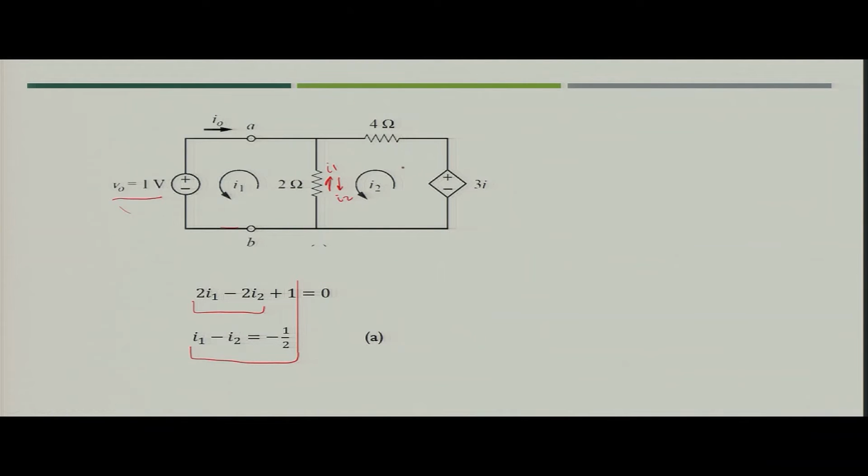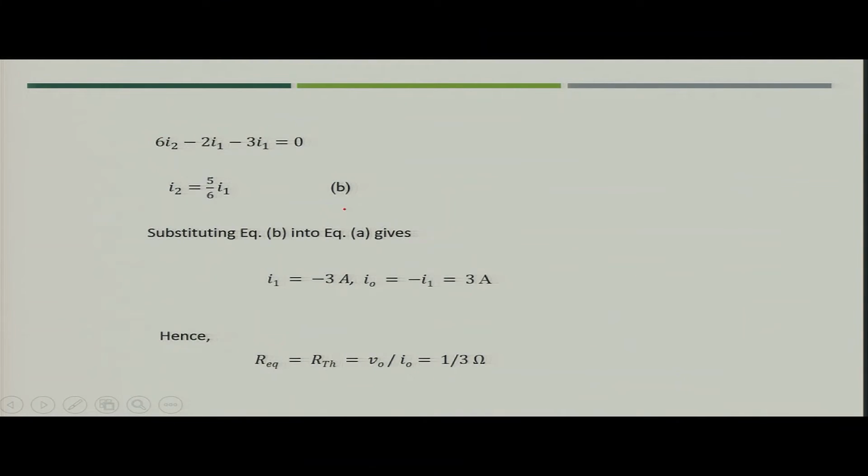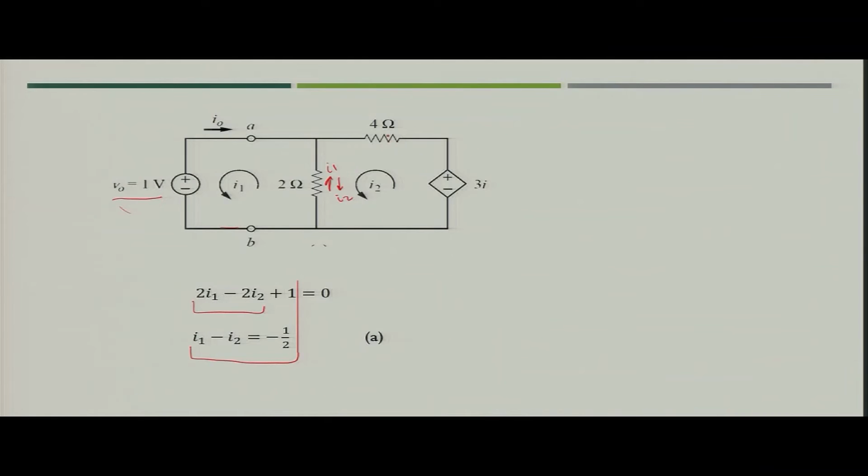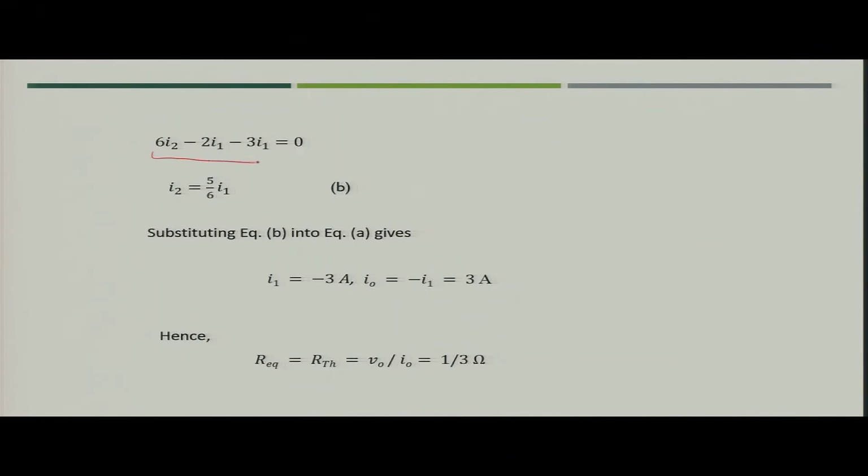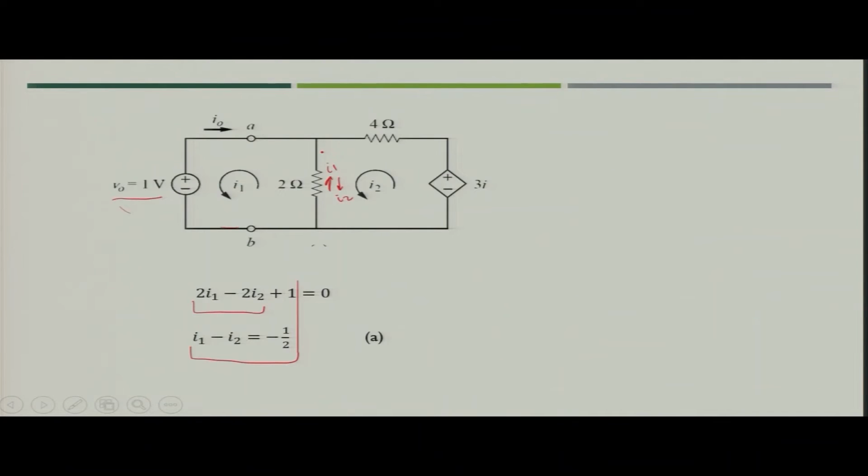Now, for the second loop, what can we write? We can simply write 4 plus 2, which is 6, so 6 I2 minus 2 I1 minus 3 I1 equal to 0. Since it is going from minus to plus, that is why it is minus 3.